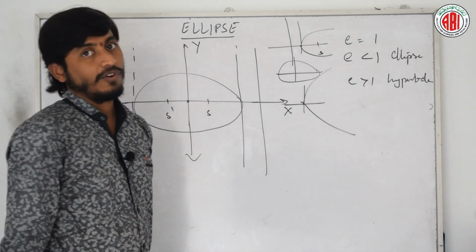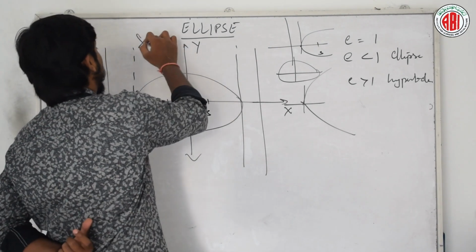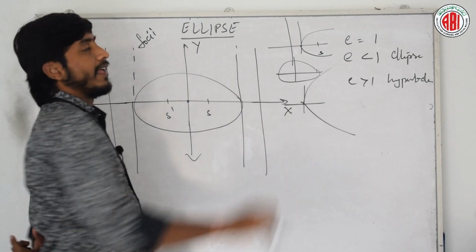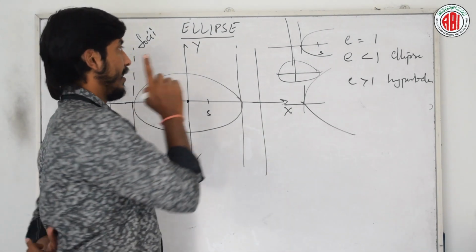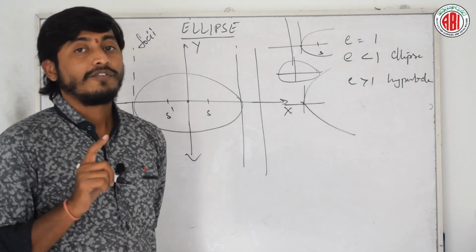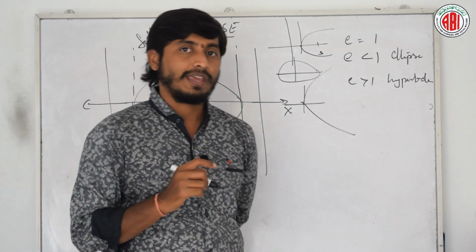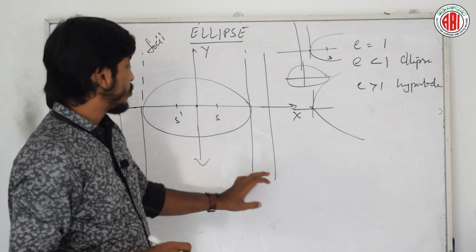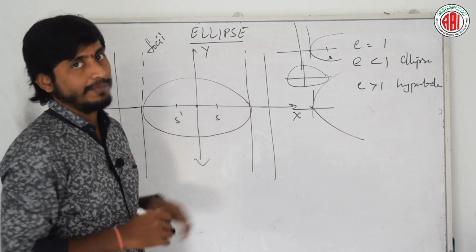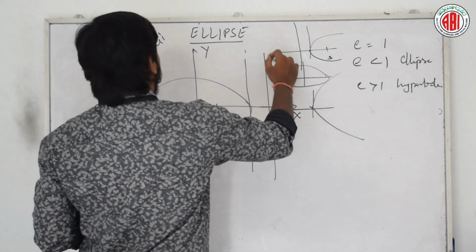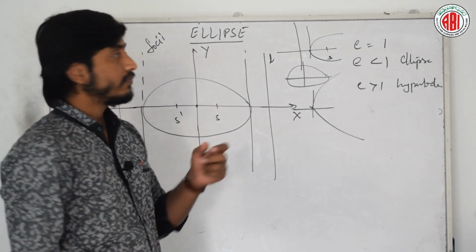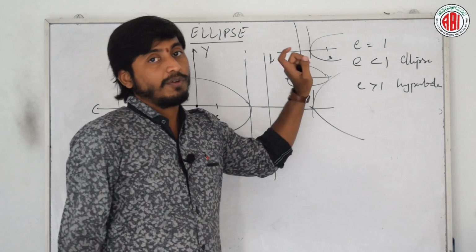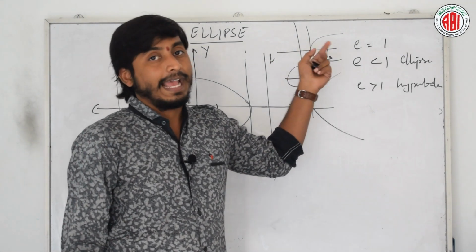The plural of focus is foci, just remember this term. We will have one focus for a parabola and foci for an ellipse. Similarly, we will have 2 directrices for an ellipse. Let us say this is L and this is L dash. Clear?